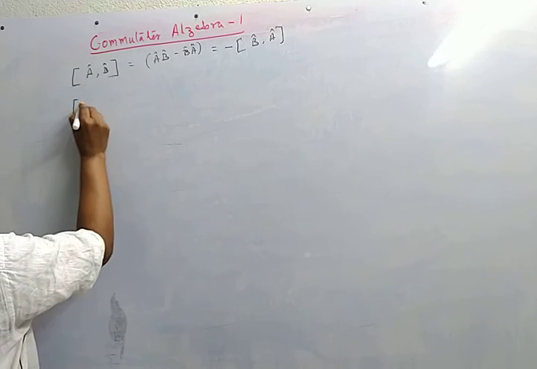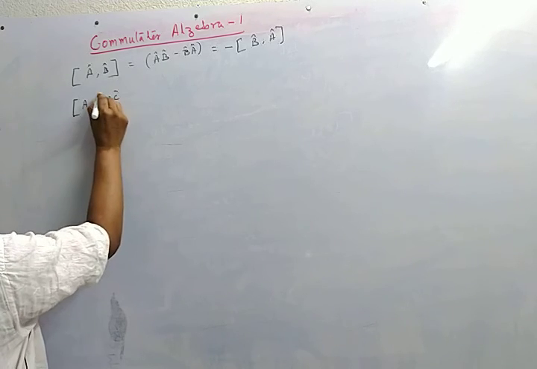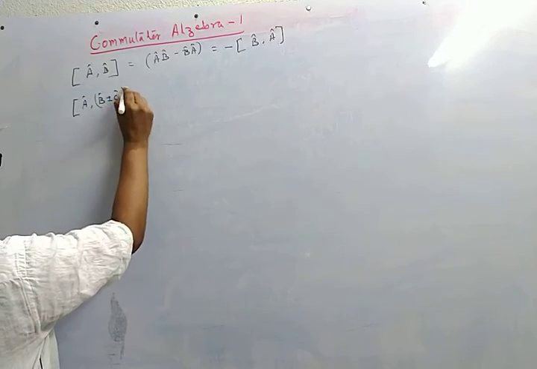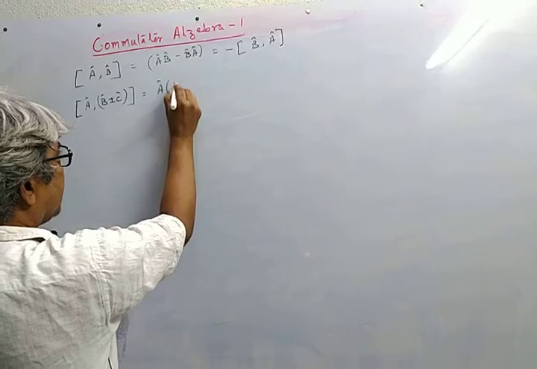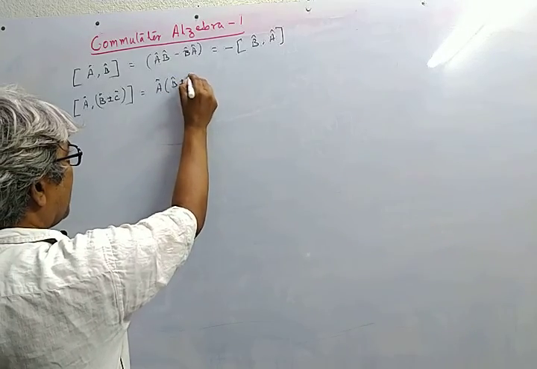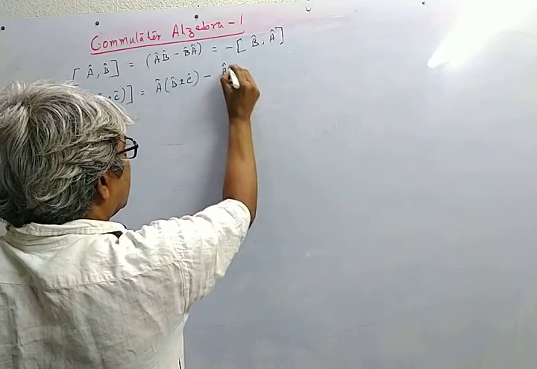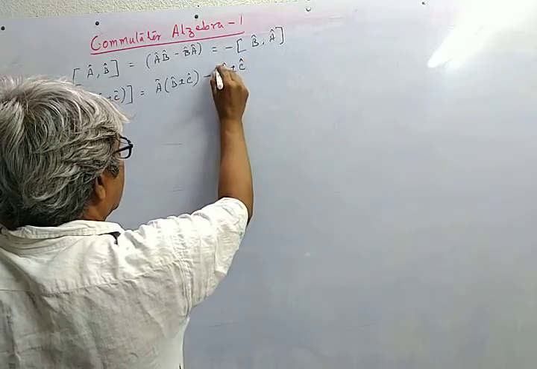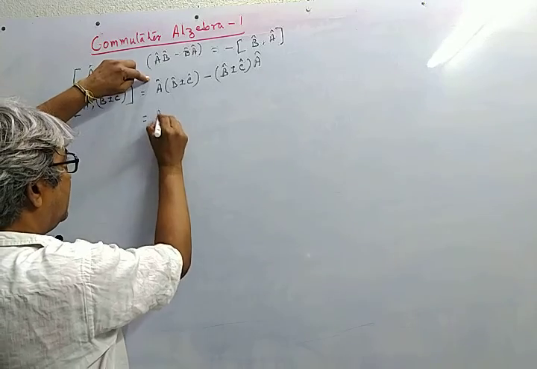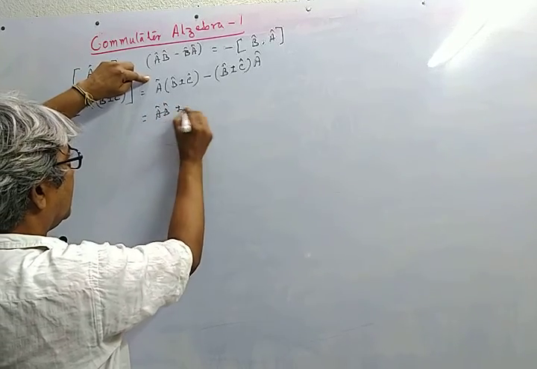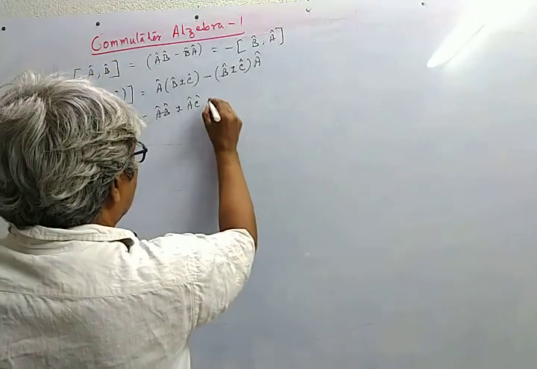Say we have the commutator of A with B plus or minus C. In that case, by definition, it is A operator times B plus or minus C, minus B plus or minus C times A. In the case of operators, the ordering is very important.